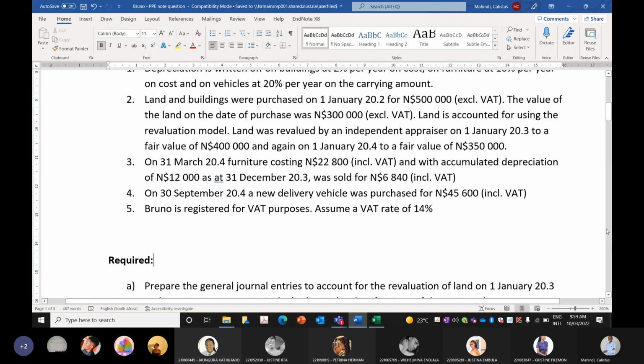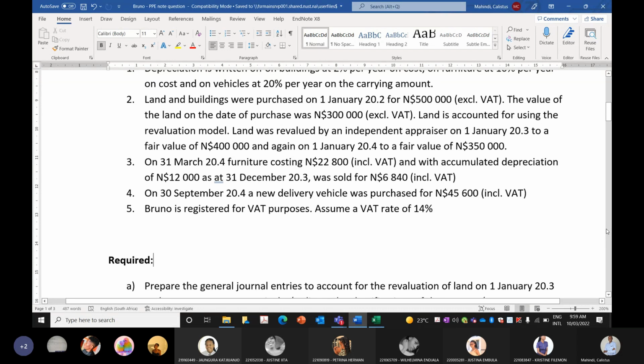6,840. But we're told that that is including VAT. So we have to remove the VAT. Why do you need to remove the VAT? So you can get the original selling price. We want to find out the exclusive price, because remember that VAT is going to be paid over to the government, to the receiver of revenue.